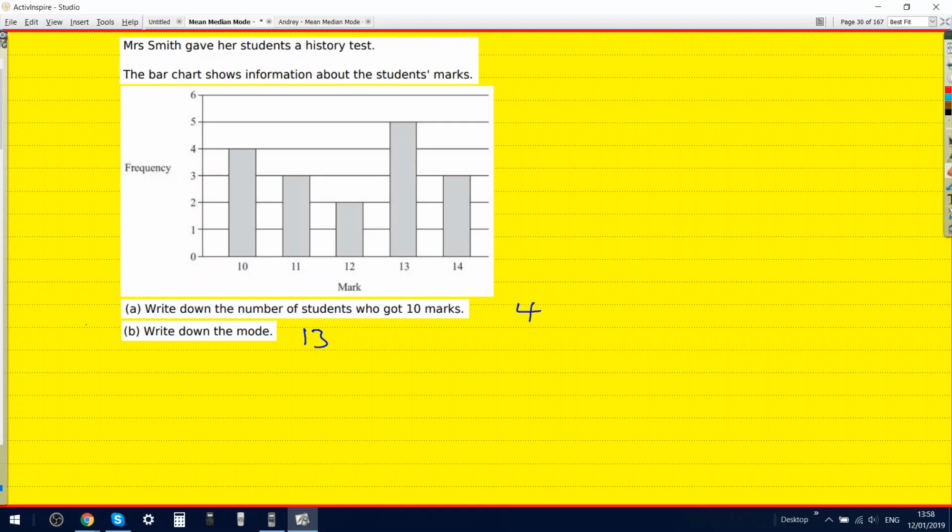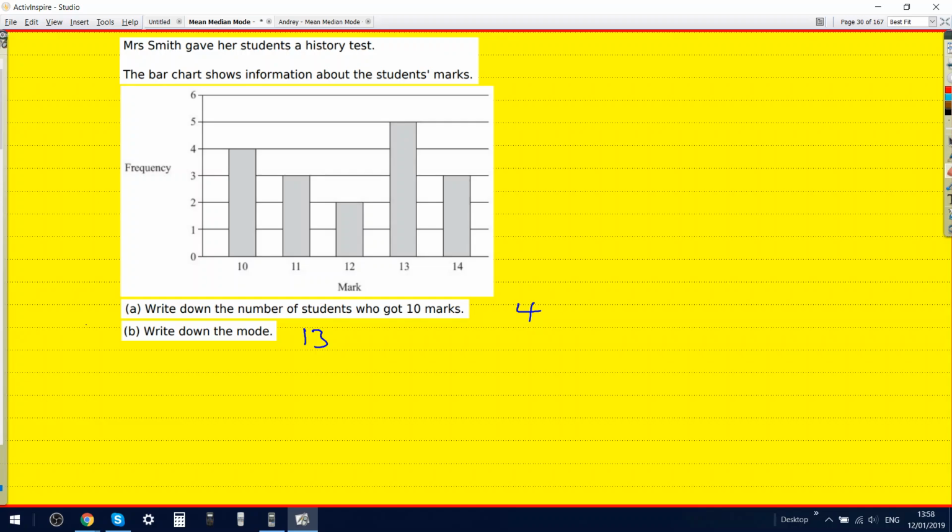For this one, why was the mode not 5? Because one of the students got a higher mark. So we said the mode was 13.